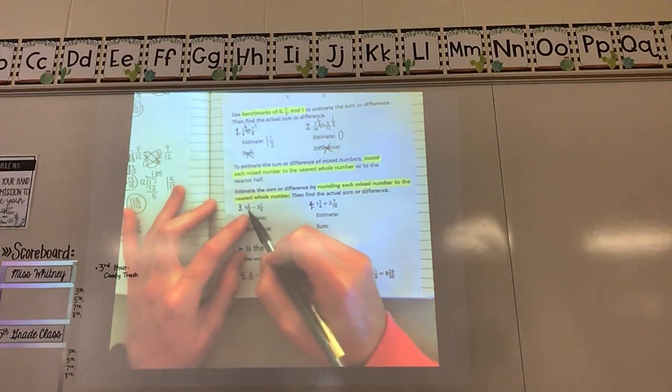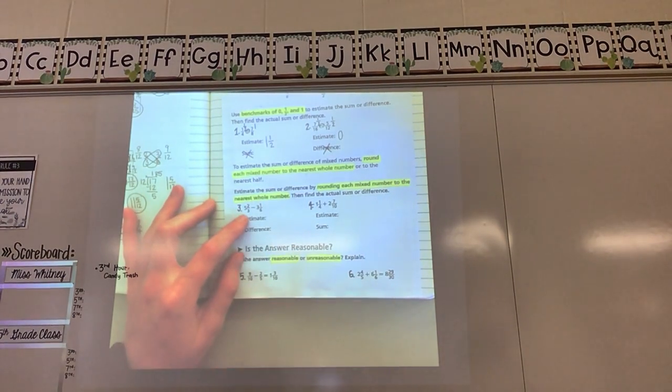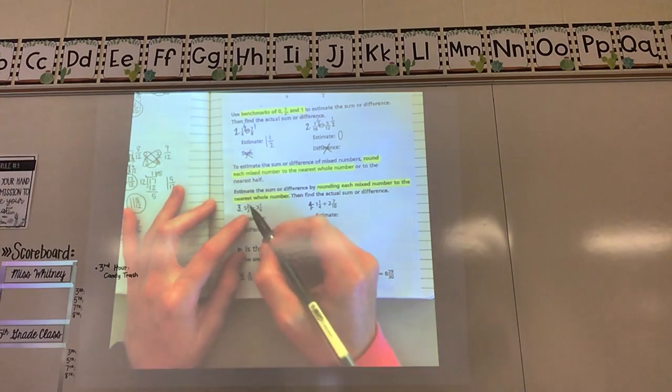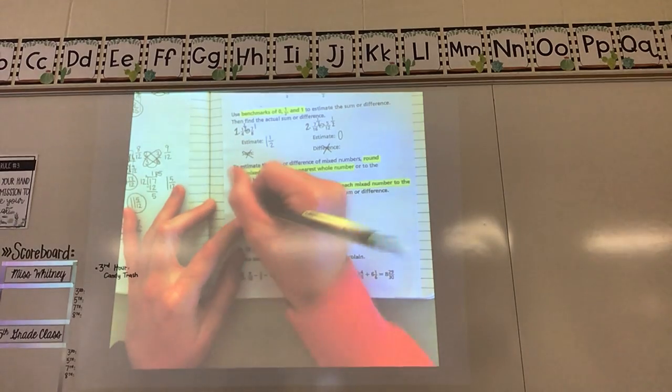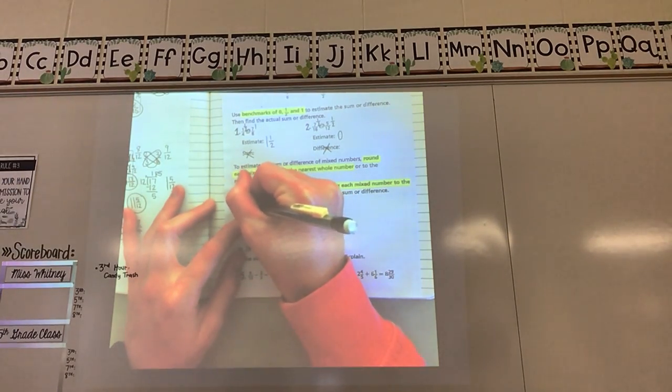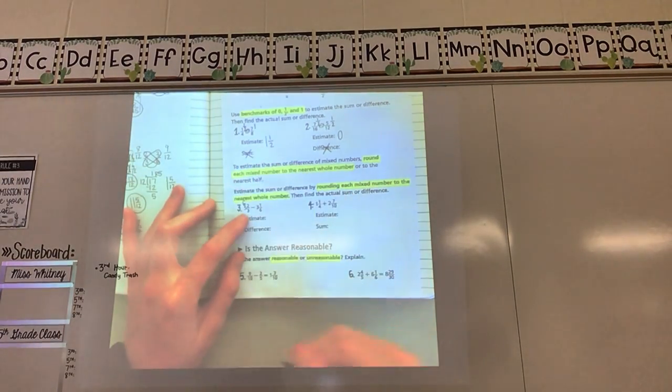So 2/3, picture that in your mind. Is that a little bit of pizza or a lot of pizza? Well, if I ate 2/3, I ate a lot of pizza. I ate most of the pizza. So this 5 is going to bump up to a 6 because I ate a lot of pizza. Okay, so my 5 is going to bump up to a 6.